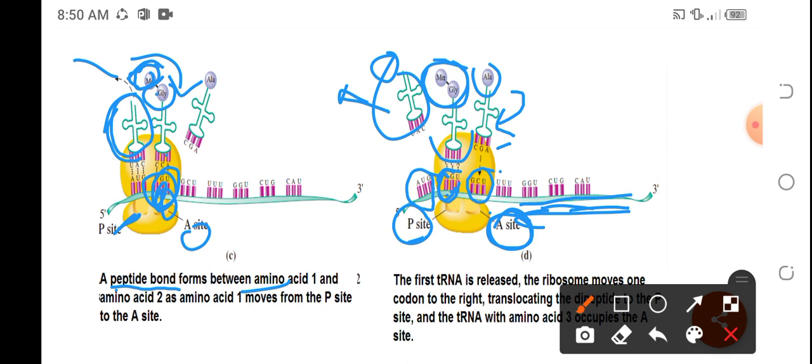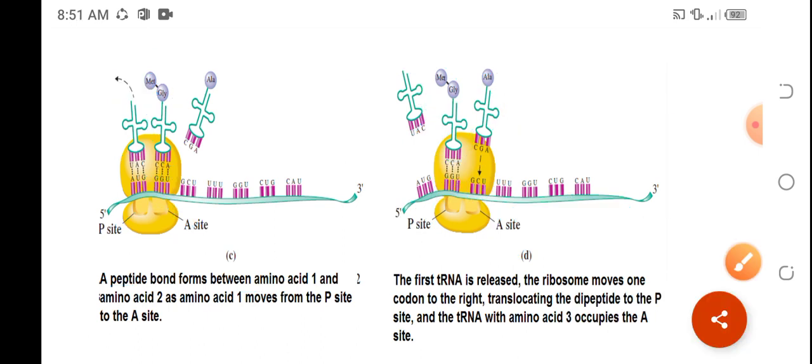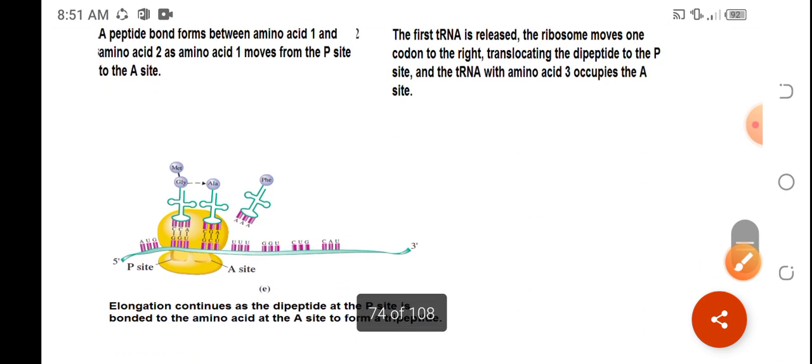Pag dumating na dito sa A site yung new activated tRNA, yung dalawang amino acid na yan, makiki-form siya dito para maging tatlo siya. Once na umalis na itong tRNA dito at empty na, aalis na ulit siya. Okay, so the process will continue.